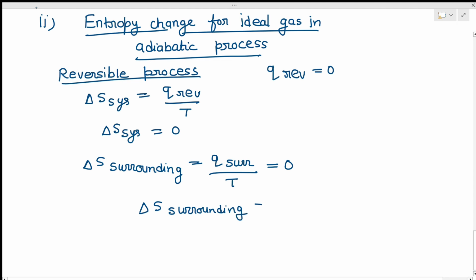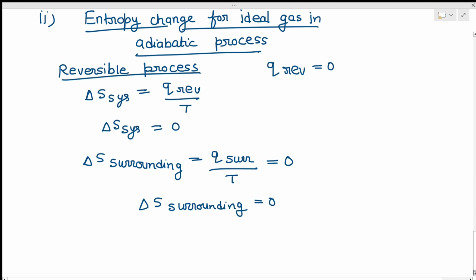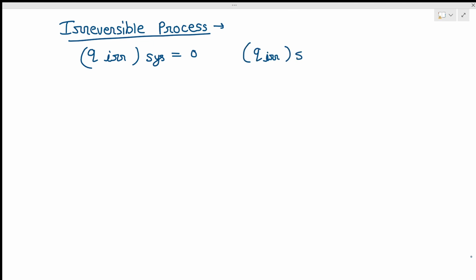Now, if you are given the irreversible process, in this case, Q irreversible of the system will be equal to 0. And Q irreversible of the surrounding will also be equal to 0.